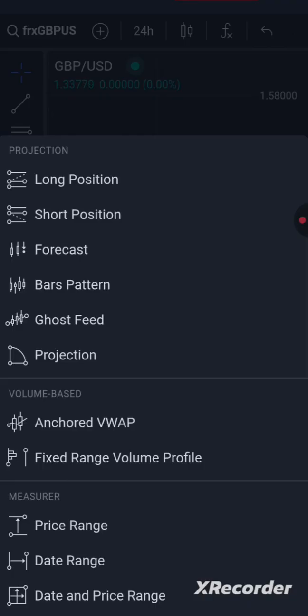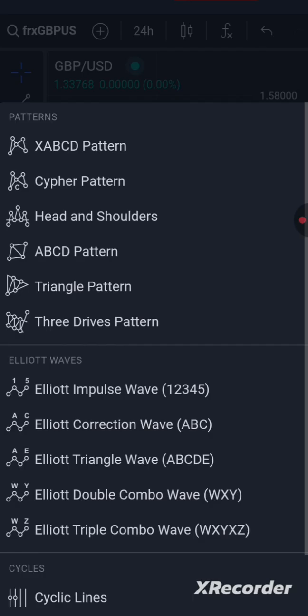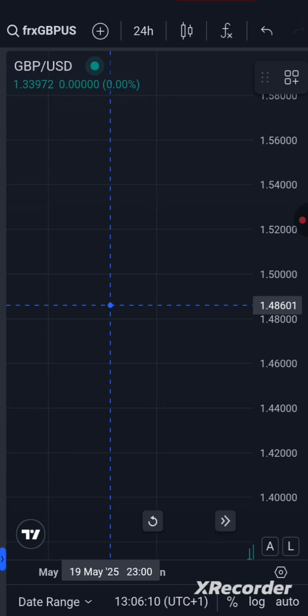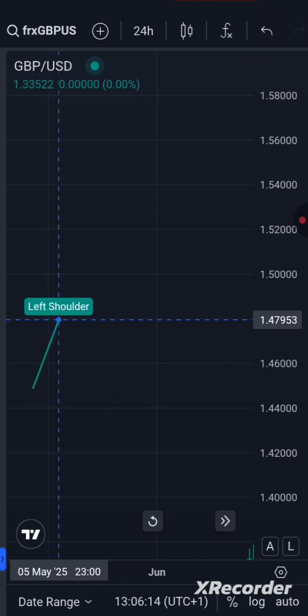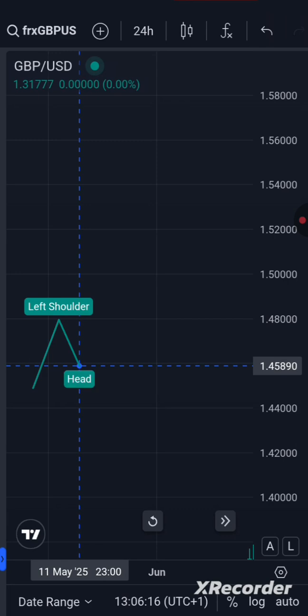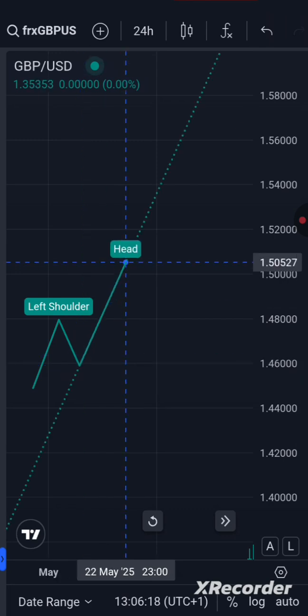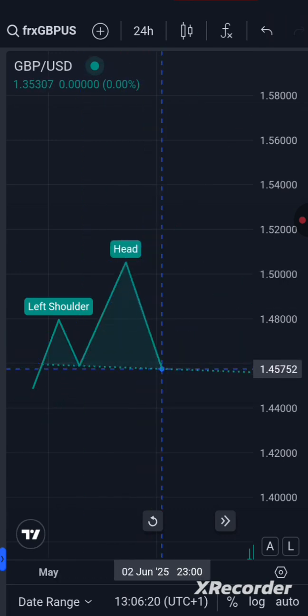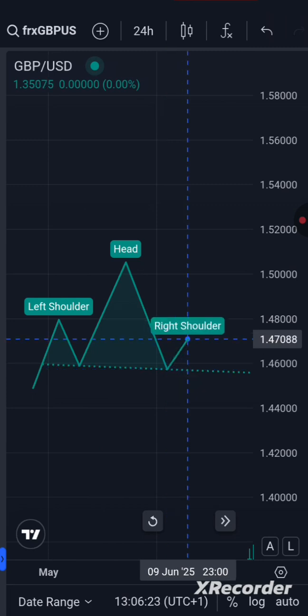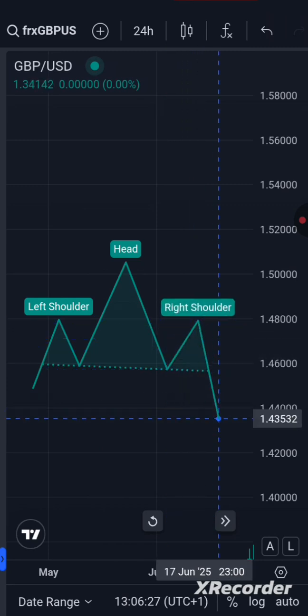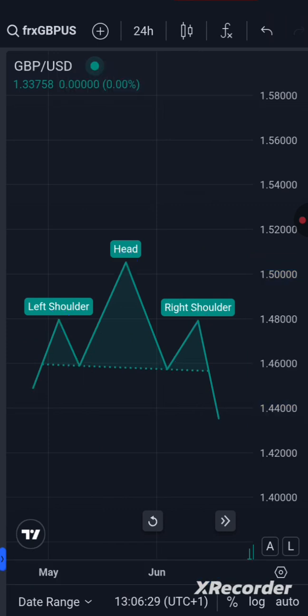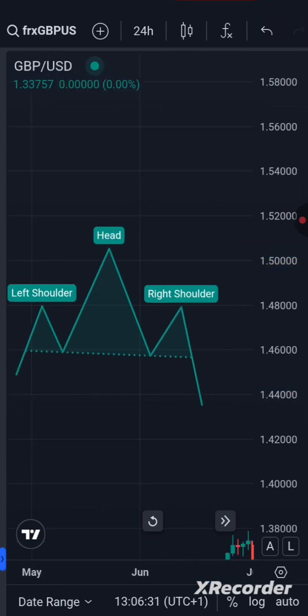Okay, now this right now. Okay, nice. So we have the left shoulder, we have the head, and lastly we have the right shoulder here. Nice blue. All right, so you have the left shoulder, the head, and the right shoulder.